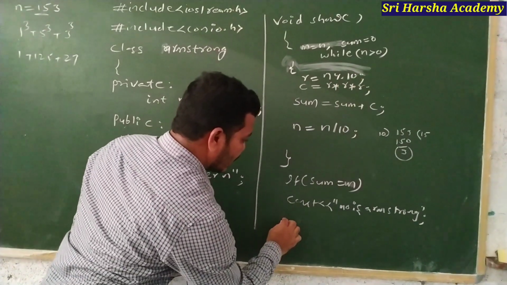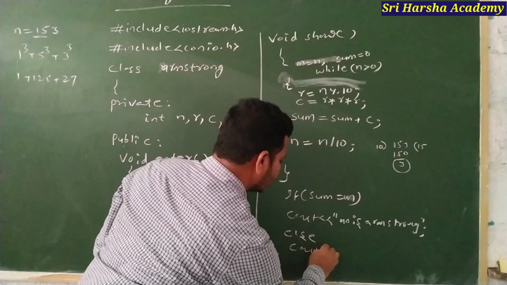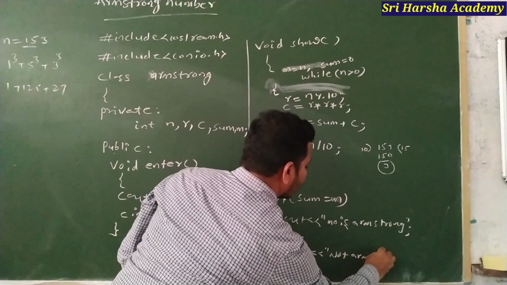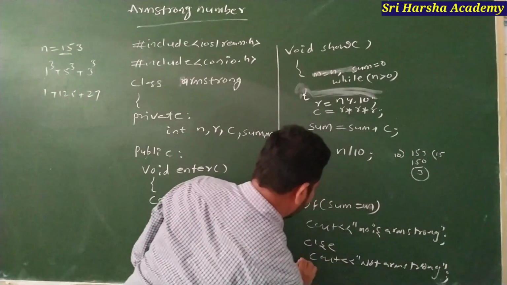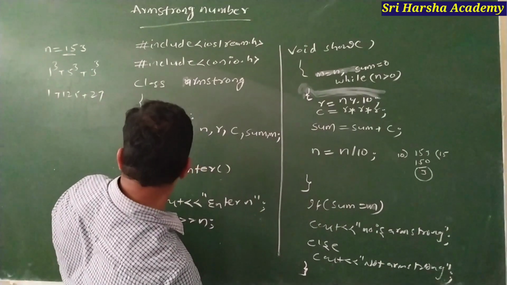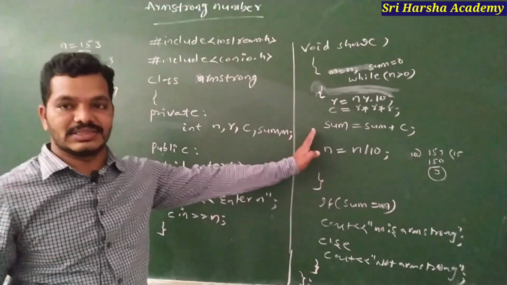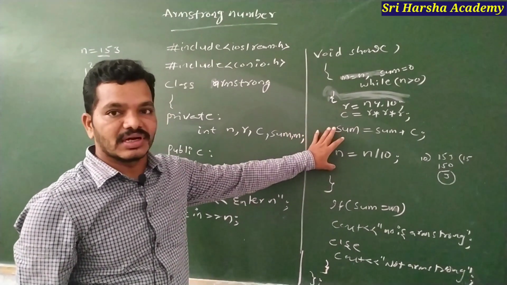Then finally else, cout not Armstrong. And finally close here. So this is the logic in C++ to find whether the given number is Armstrong or not.